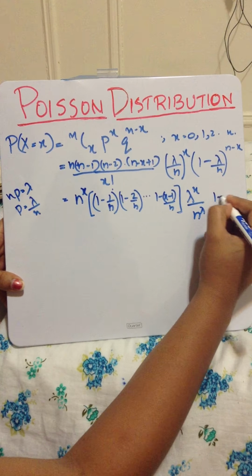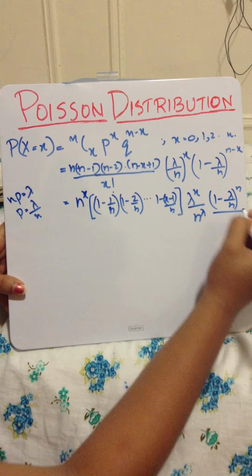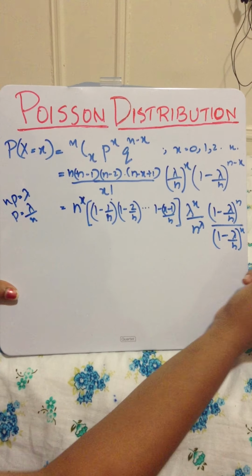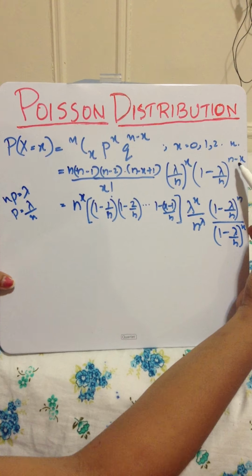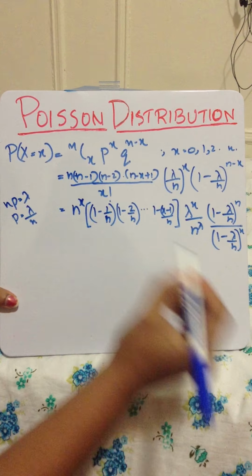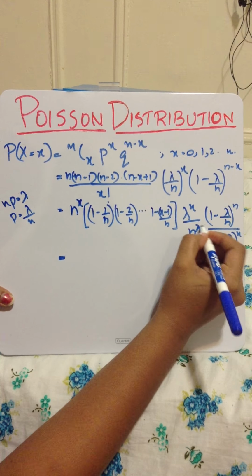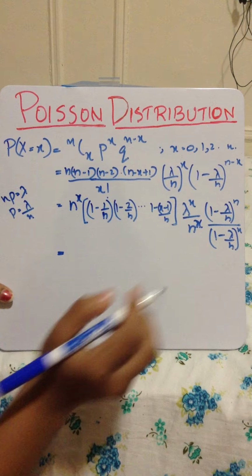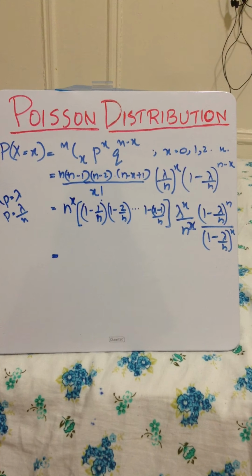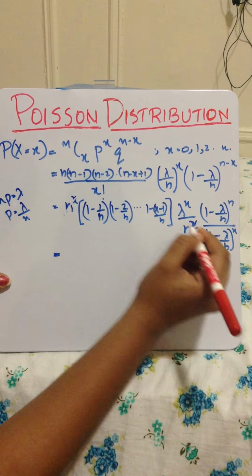I can write this as 1 minus lambda by n raised to n by 1 minus lambda by n raised to x, because this is raised to n minus x. I'm just splitting this. Oh, I'm sorry, this is n raised to x. So here I can just cancel these two terms, n raised to x and n raised to x.